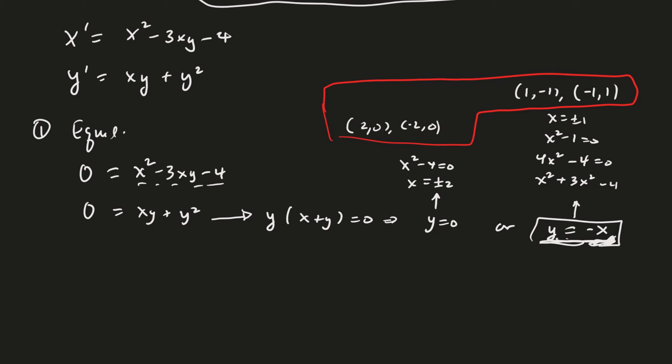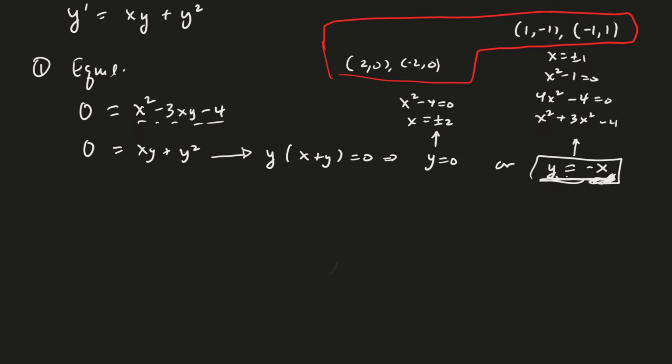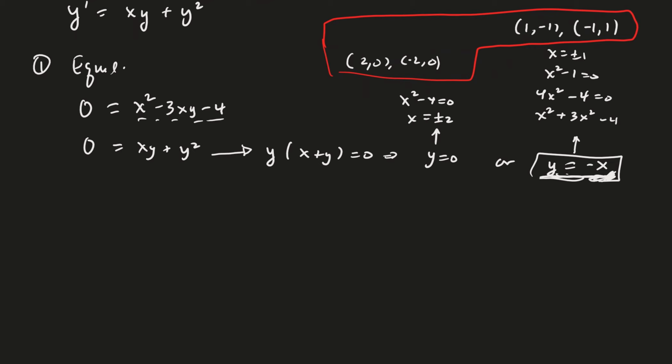All right. So now we want to linearize the system. How do we do that? Well, remember that our f of x, y in this case is going to be x squared minus 3xy minus 4. That's our f. And our g is going to be xy plus y squared.